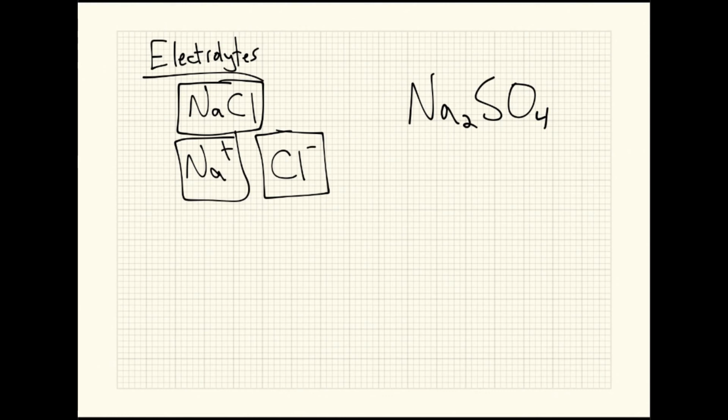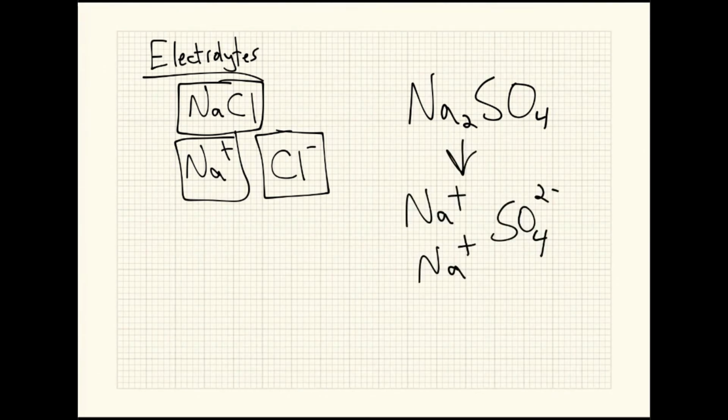So, what does that mean for colligative properties? Well, for colligative properties, it means that this system or this species will break up into 2 sodium ions and a single sulfate anion. And therefore, the electrolyte Na2SO4 is really 3 pieces.